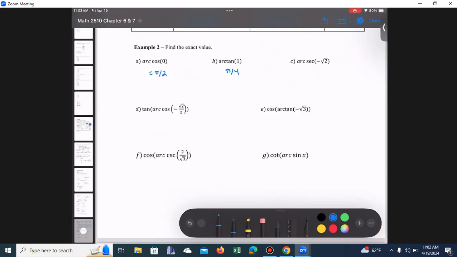Arc secant of negative square root of 2. For these, I always tend to look back at what cosine would be. This would be negative 1 over square root of 2, which can be written as negative square root of 2 over 2, which is going to put you in the second quadrant. That's why cosine's negative. That's going to be 3 pi over 4.